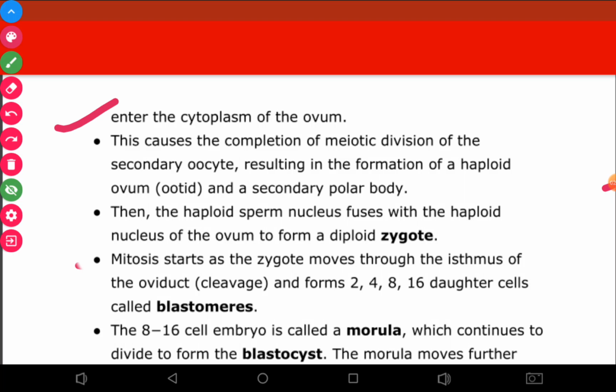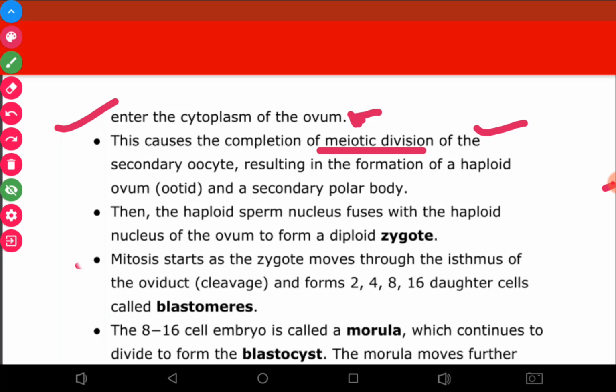Now the haploid nucleus of the sperm transfers into the cytoplasm of the ovum. This causes the initiation of mitotic division. Continuous mitotic division takes place.